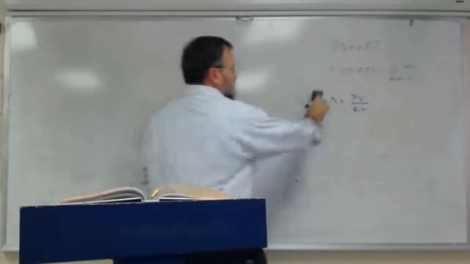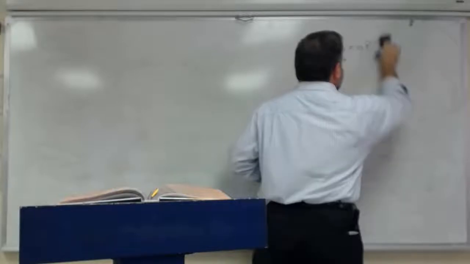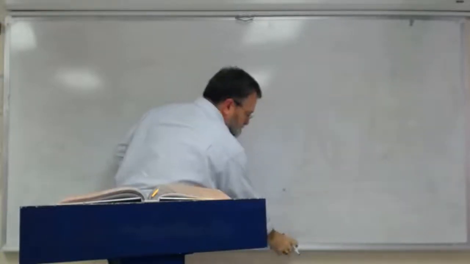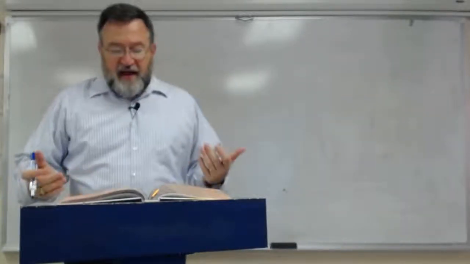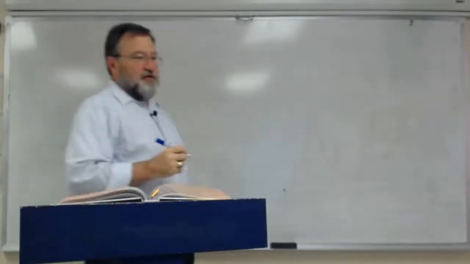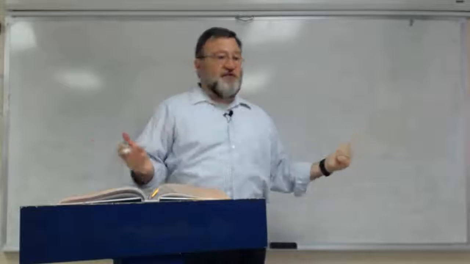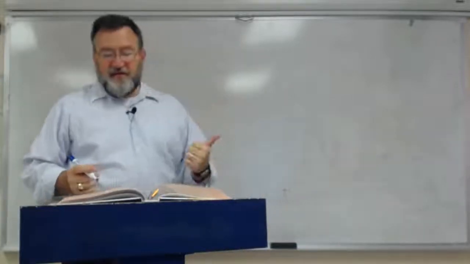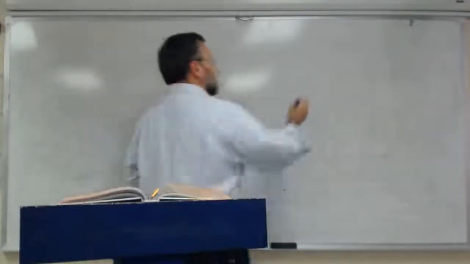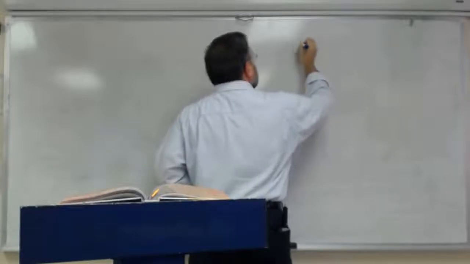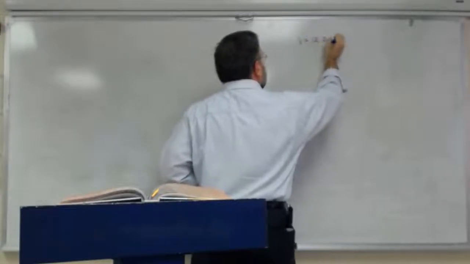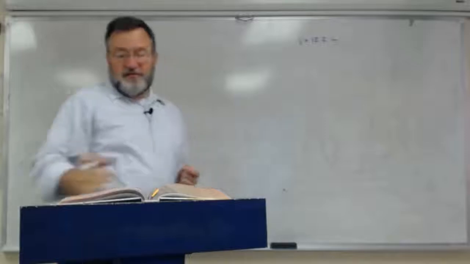It's page 405. A gas is in a 12.2 liter container. So it's a gas, so we use the gas law. It is in a container that has a certain volume of 12.2 liters. So my volume is 12.2 liters.